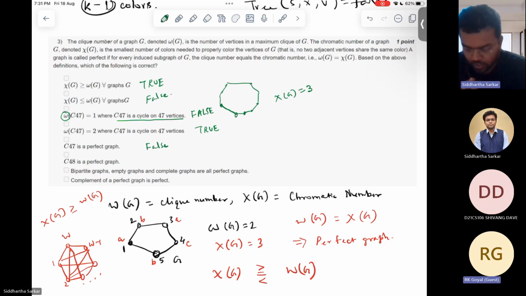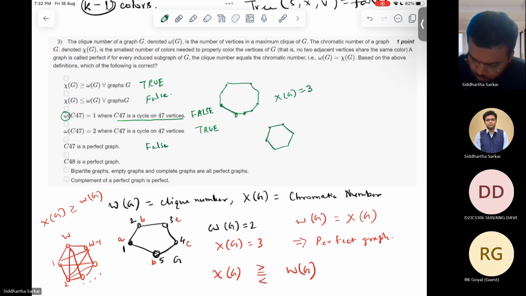But is C48 a perfect graph? If we have an even cycle, then what will happen? If you number the vertices 1 to 2n, you give one color to the odd numbered vertices and another color to the even numbered vertices in the cycle.